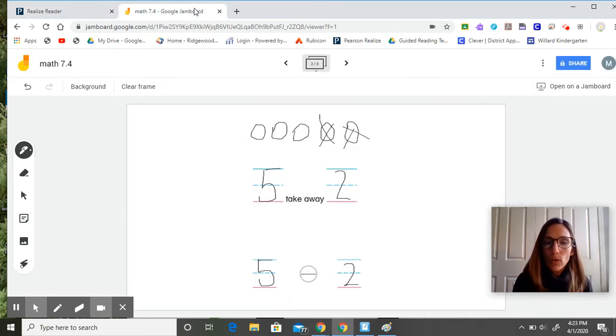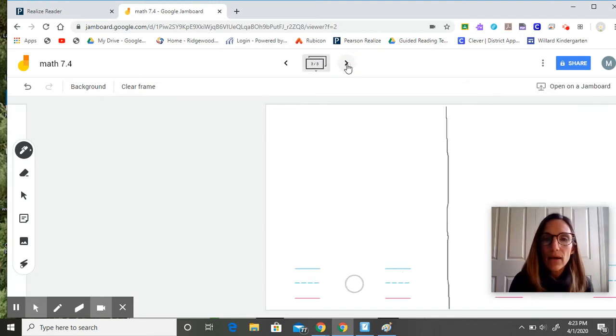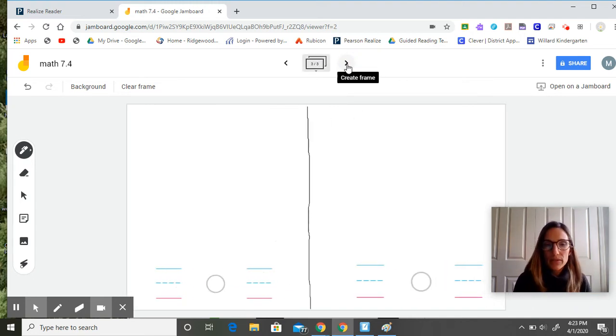There are a few tricky ones that you may encounter when you're doing your independent practice, so I thought we would try. Sometimes they will have this part written already. So let's practice that. If they give you something like this, 5, take away 2, they may want you to draw a picture that matches this equation.